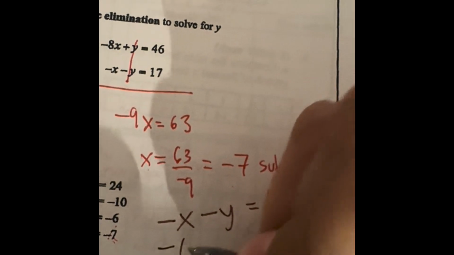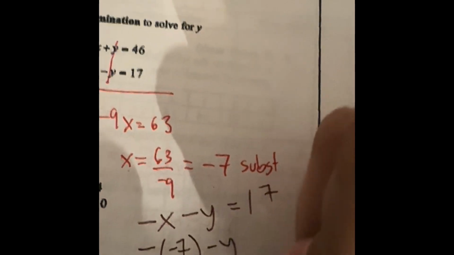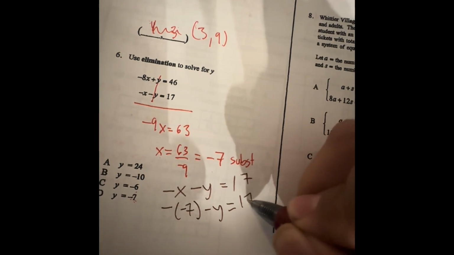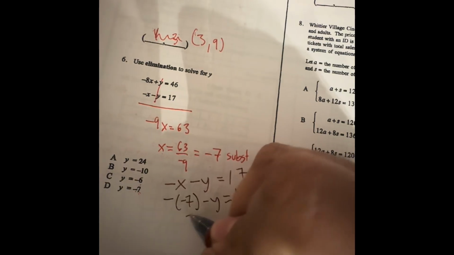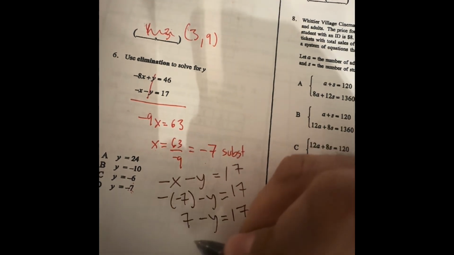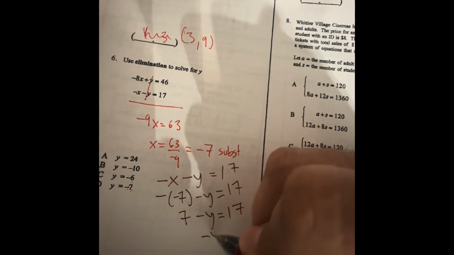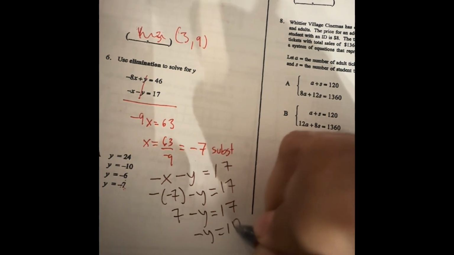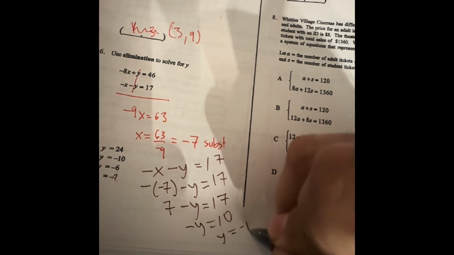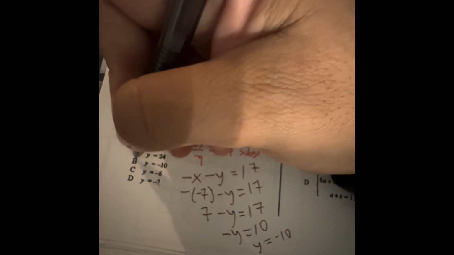So negative 7 minus y is equal to 17. Here, the double negative makes a positive, 7 minus y equal to 17. Subtract the 7 to get negative y is equal to 10. And we're going to go ahead and move the negative to the other side. So we get y is equal to negative 10. We get B.